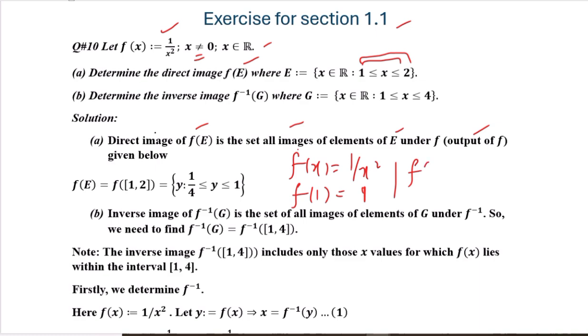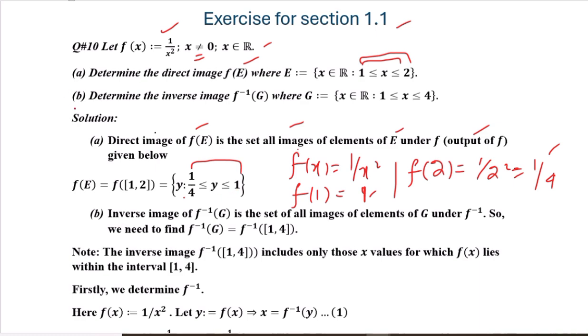Similarly, if you put f of x at 2, your answer is 1 by 4. As 1 by 4 is smaller than 1, we start from this number. So the direct image is the set of all values of y that lie between 1 by 4 and 1. So the direct image is the closed interval 1 by 4 to 1.